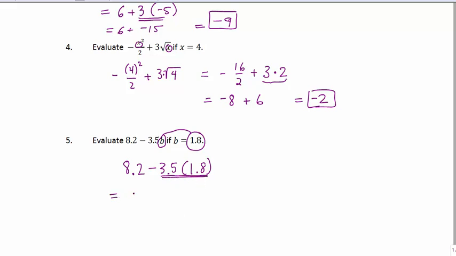If you're doing it on the calculator, you still want to do the 3.5 times 1.8 first. When you put that in a calculator, the value of 3.5 times 1.8 is 6.3. 8.2 minus 6.3 is 1.9, or 1 9/10.